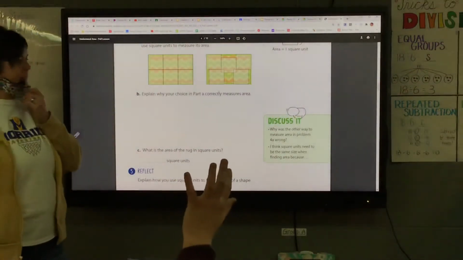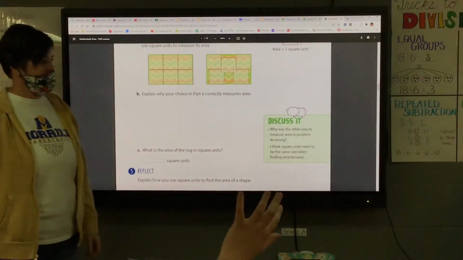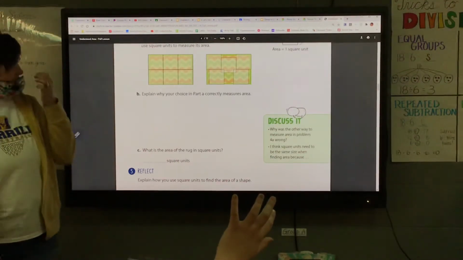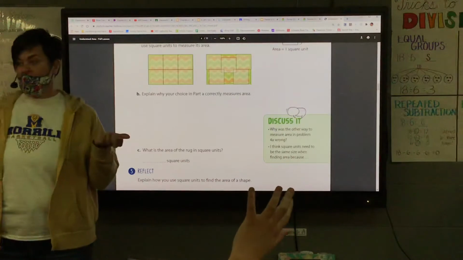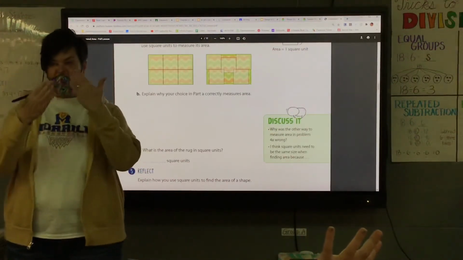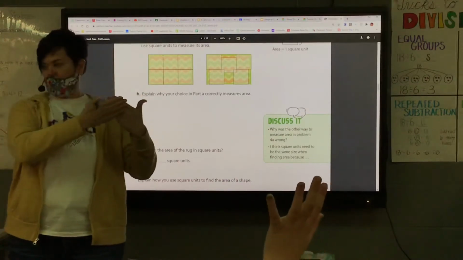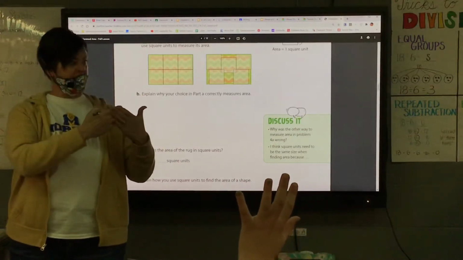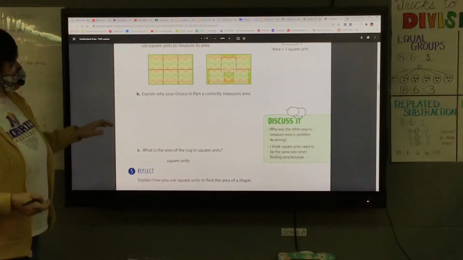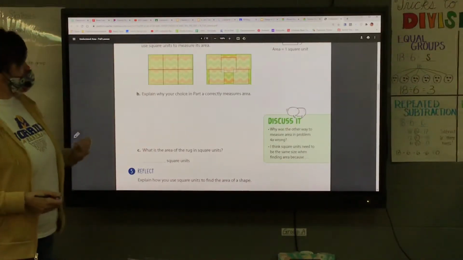Nice and loud. Pull your mask down so I can hear you well. It doesn't line up correctly. Do you agree with her? Yeah. It doesn't line up correctly. And what do you notice about some of those squares? Are they overlapping on top of each other? Yeah. Okay. So you circled the first one.